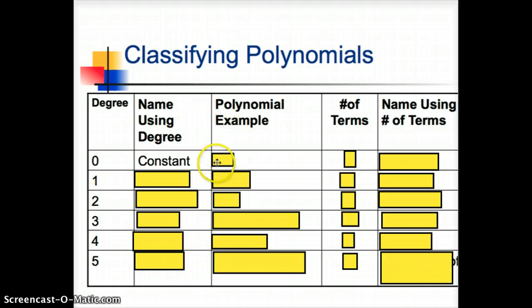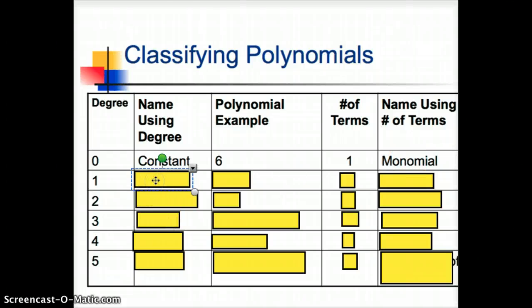A polynomial example that has a degree of 0 is 6, 23, 1, negative 241.6, whatever. Just a number. In this particular polynomial, the 6, this constant, it only has one term. So when it has one term, we call it a monomial. Okay? So this degree goes with this name, constant, and the number of terms here goes with this name, monomial.